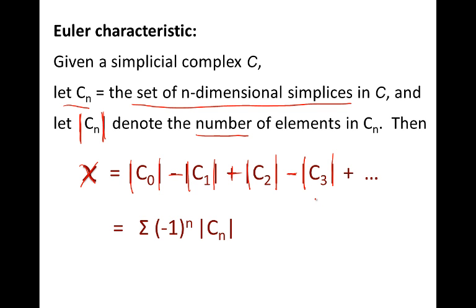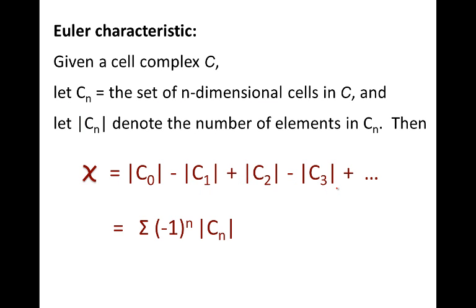So what I do is an alternating sum where I add all the even-dimensional simplices and I subtract all the odd-dimensional simplices. A similar formula holds when we have cell complexes.